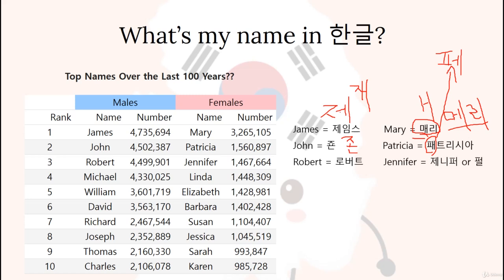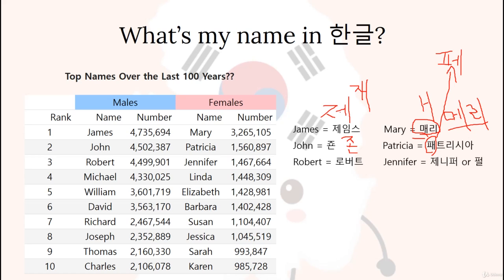Next one, Robert. Robot. Well, in the Korean pronunciation, we don't have that R sound, and the F sound. So we usually go just robot. It sounds like robot, but it's Robert. Jennifer. No F sound in Korean, so it's Jennifer, like the P sound.